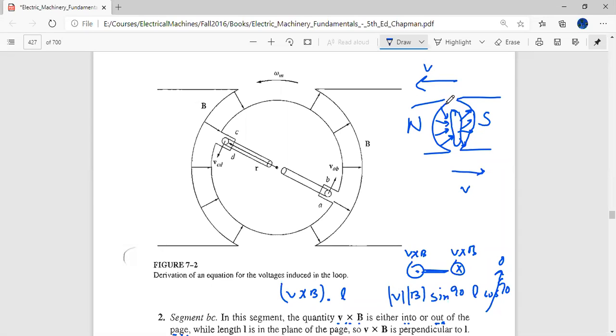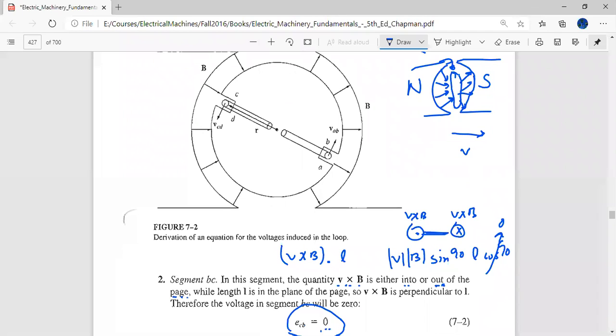Suddenly, for just one moment, the B field goes to zero as it goes through the air gap.